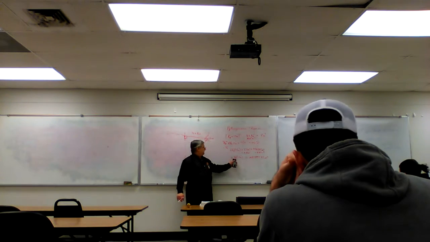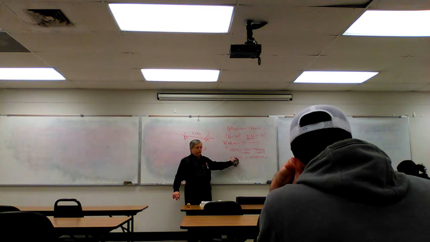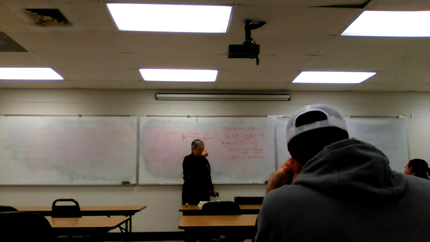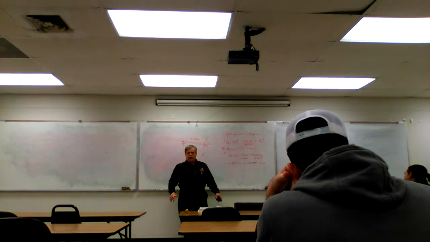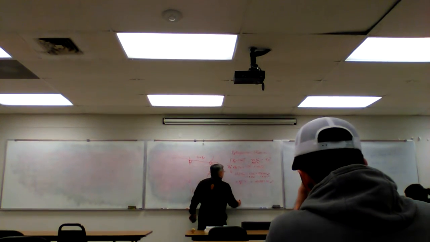Everybody noticing over here, we're multiplying 1.5 meters, not meters squared. How is that equal to something that is in meters squared? Exactly, because the radius of the Earth is also in meters.